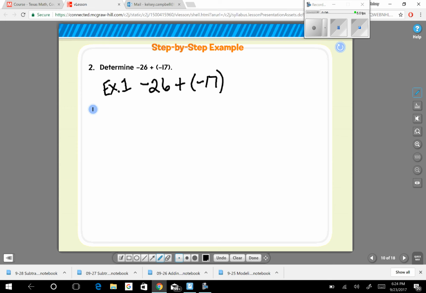Same sign, sum. So 26 together with 17. 6 and 7, that's 13. 2, 3, 4. So these are going to be together negative 43. We got the 43 because we had to add them because they both have the same sign. And it's negative because they were both negative. So negative 26 plus negative 17 is negative 43.